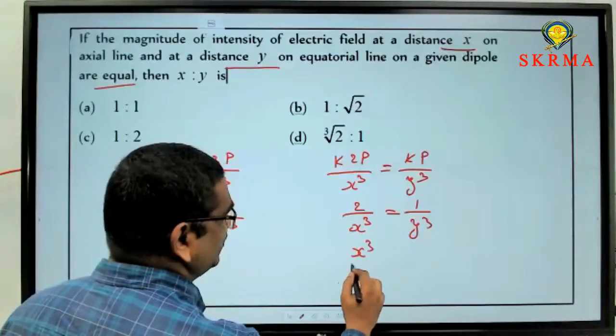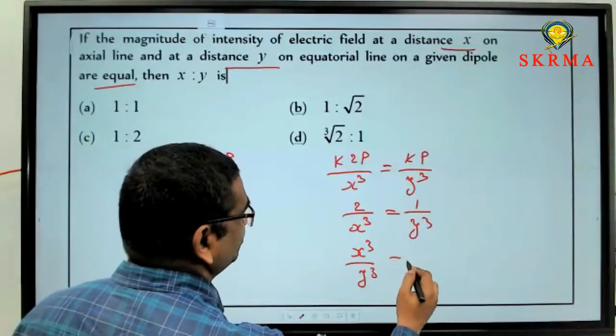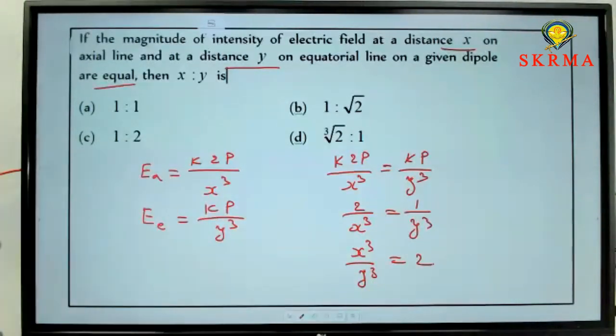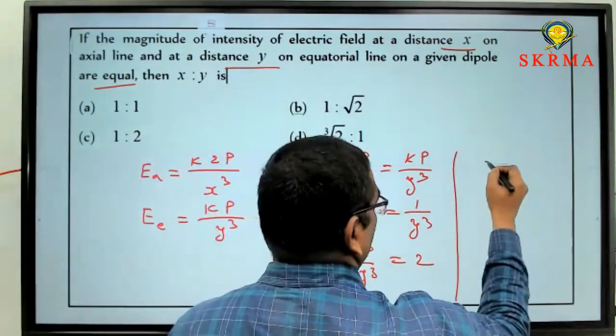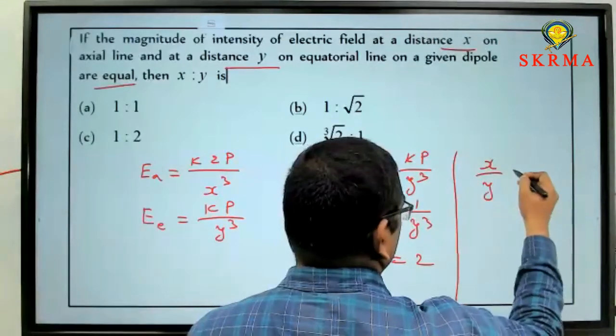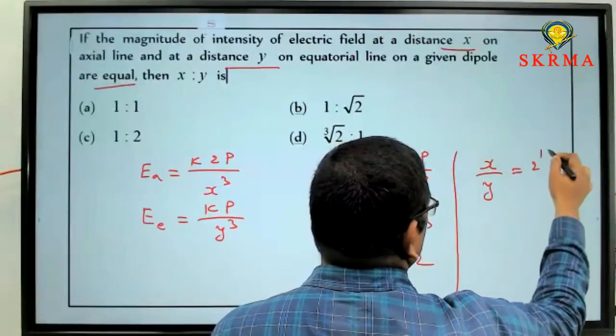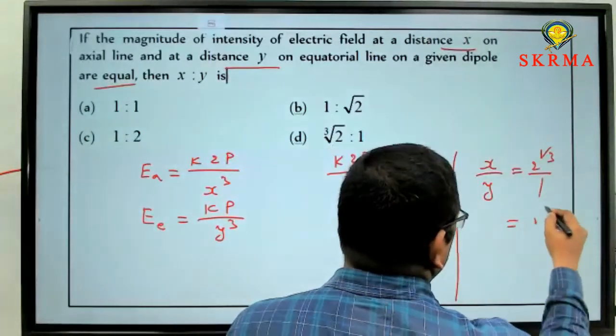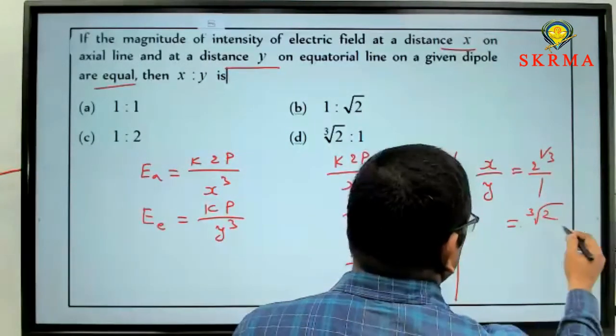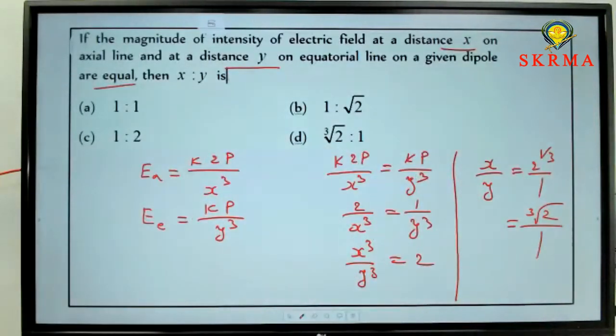So x cube by y cube equals 2. So x by y is how much? Take the cube root on both sides. So 2 power 1 by 3 by 1, which is the cube root of 2.